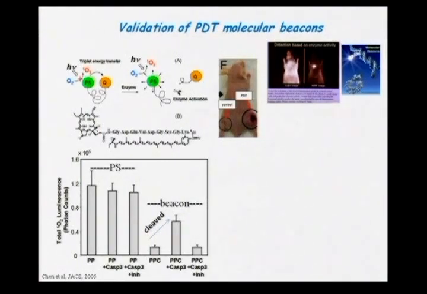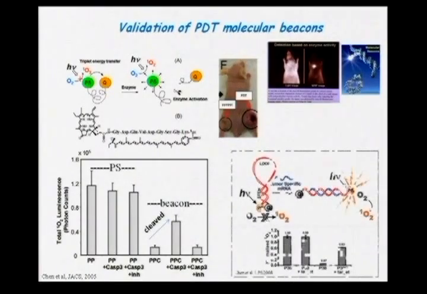And you see that this is the singlet oxygen before the beacon is cleaved, and then suddenly, after you cleave the beacon, you free the sensitizer, and you can generate a singlet oxygen. And this works not only for enzyme-cleaved beacons, but also for these so-called hairpin loop beacons, where when you open the loop, because the strand of DNA couples to the complementary strand in the cells, then again you get the singlet oxygen signal.